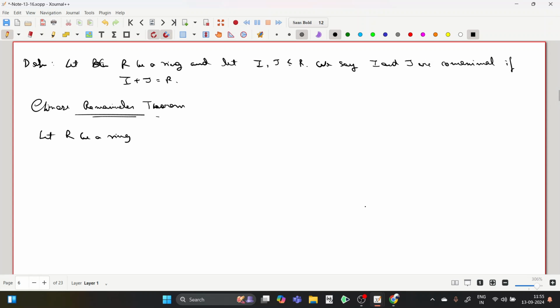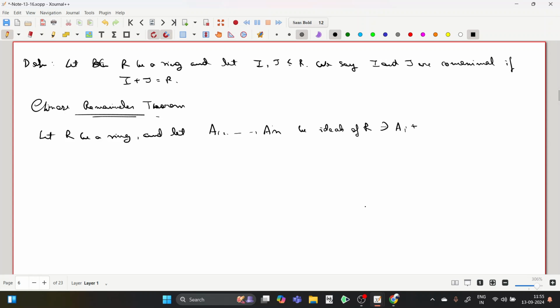Let R be a ring, and let me use the notation A1 till An be ideals of R, because I have already used I and J before.